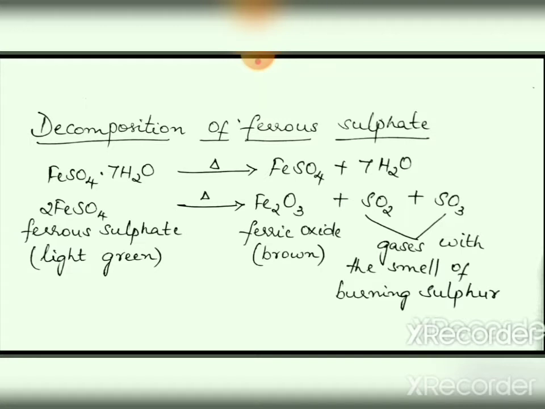So that is why we write the equation as FeSO4 plus 7H2O. On further heating, ferrous sulfate decomposes to ferric oxide, which you can find as a brown residue. Along with that, gases with the smell of burning sulfur will also be evolved. It is due to the formation of sulfur dioxide and sulfur trioxide.